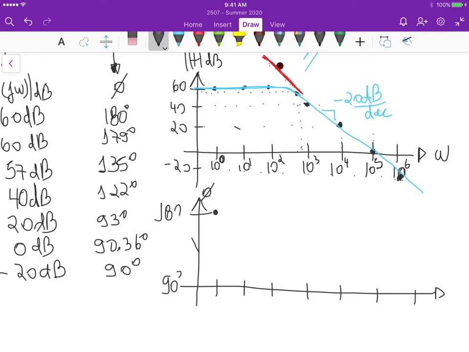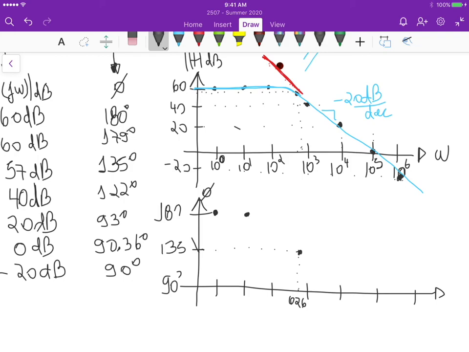So it's 180. This is a little bit less than 180. Then this is 10 to the 0, 1, 2, 3. So exactly around here we are at the middle, right, at 626. We are at 135.